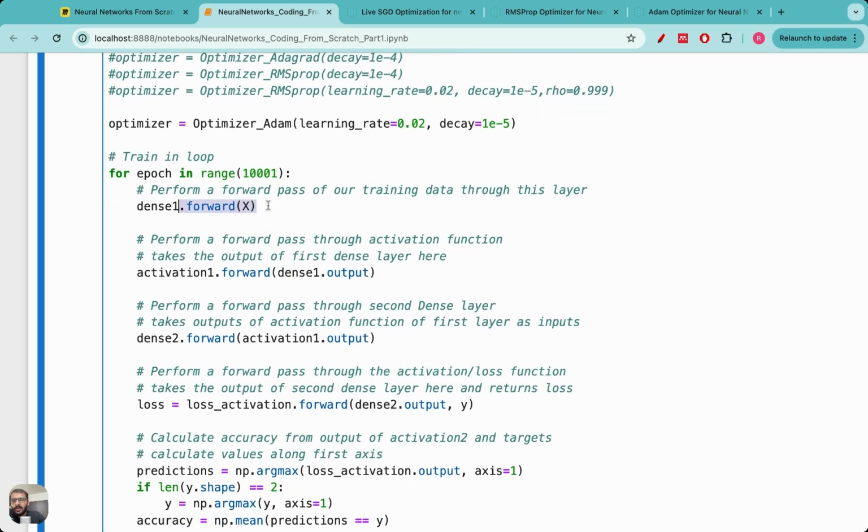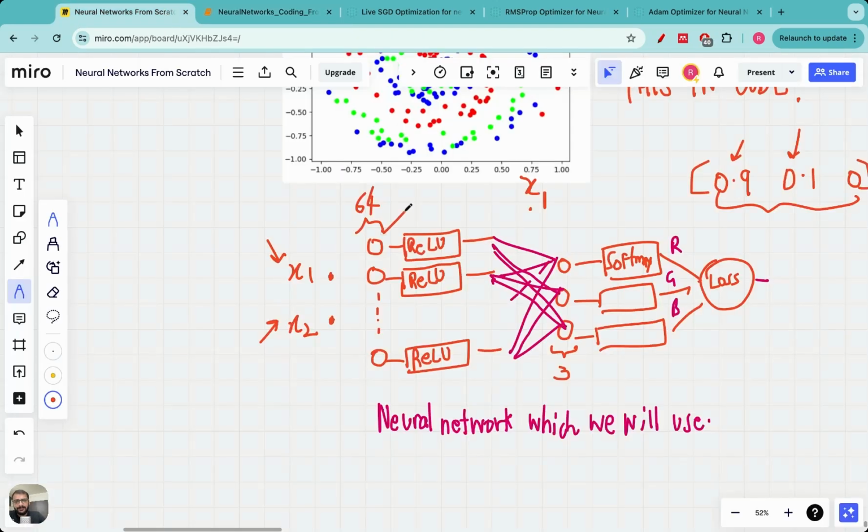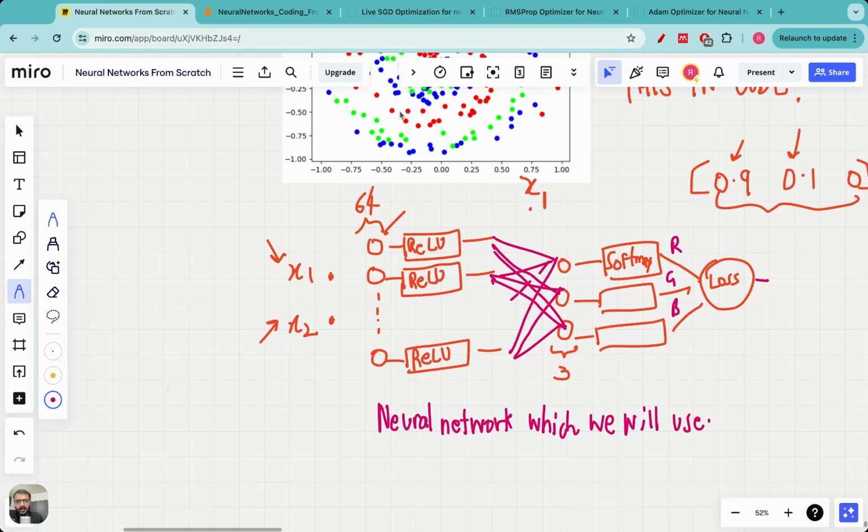So the first thing we do is the forward pass through the first layer. Let me actually mark it with a different color. The first thing we'll be doing is taking the forward pass through this layer, then going through the ReLU.